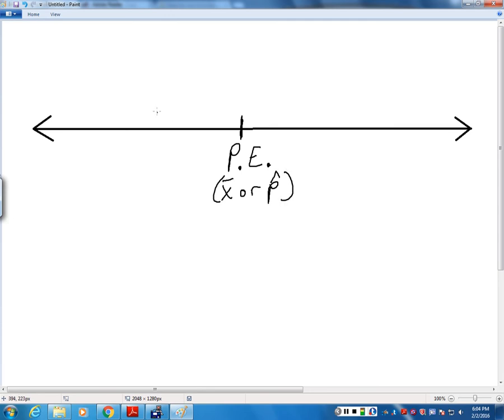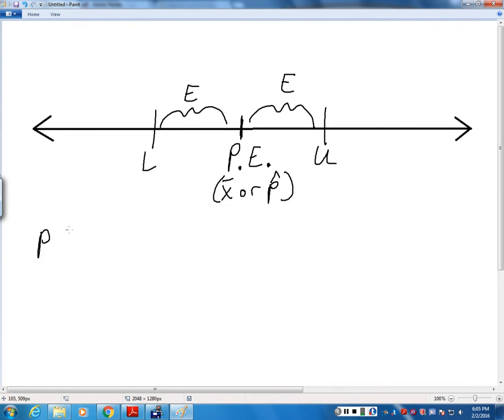Then you spread out on each side of the point estimate by the margin of error. That's E. That gives you your lower bound and your upper bound. That's how you make it.